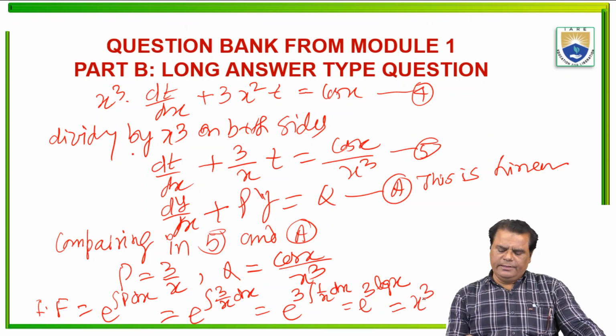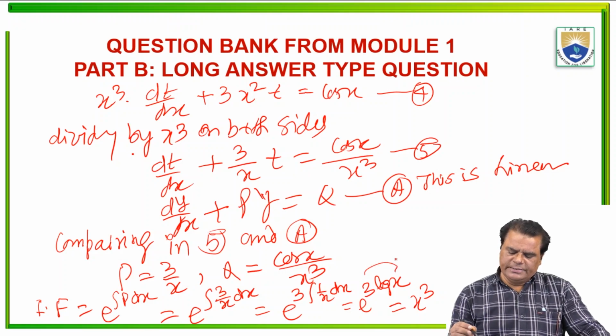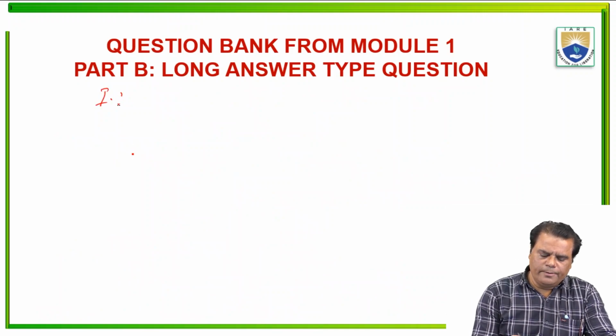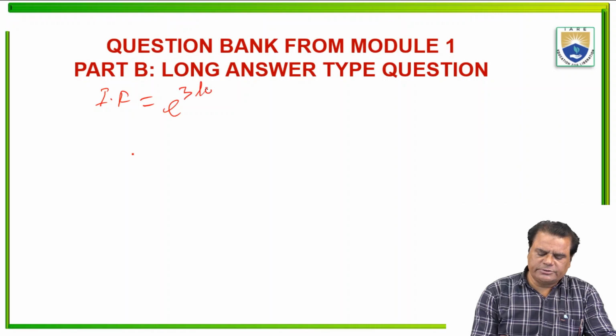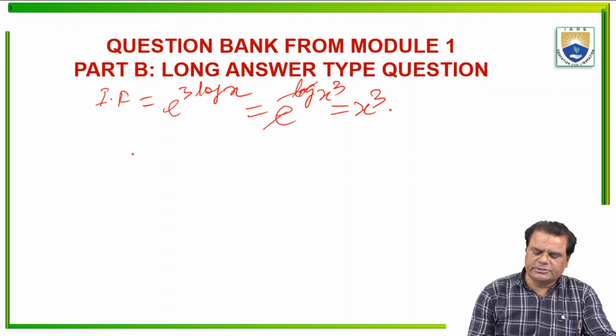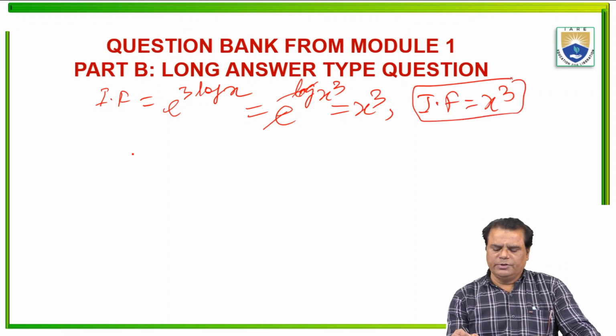We can discuss here again: IF is equal to e to the power 3 log x, we can write e to the power log x cube. This cancels to this, this is x cube. So we find the integrating factor is x cube.